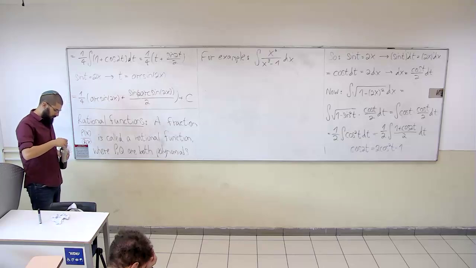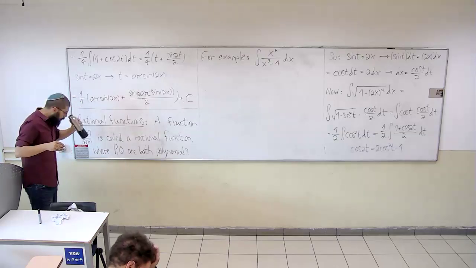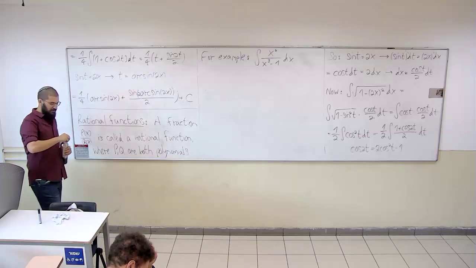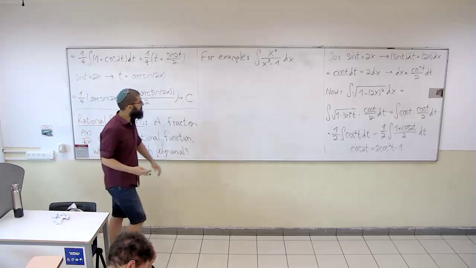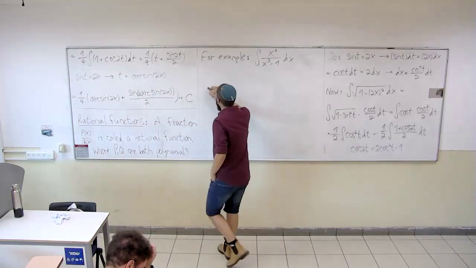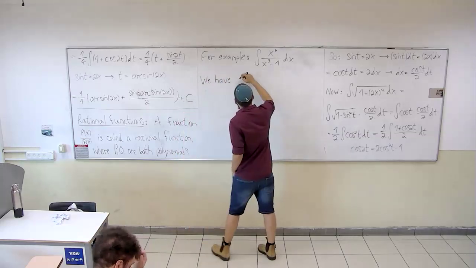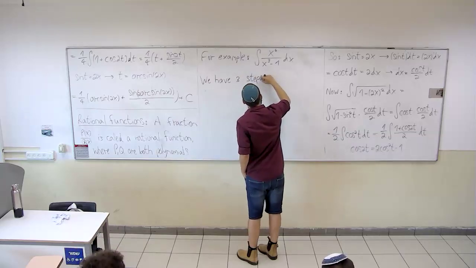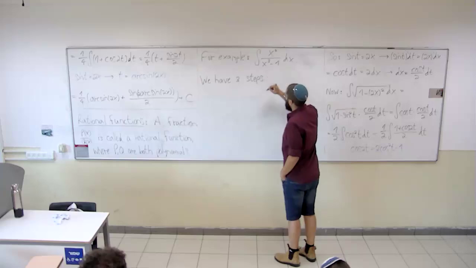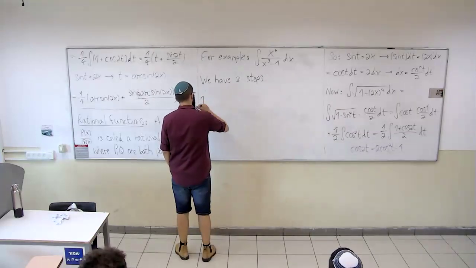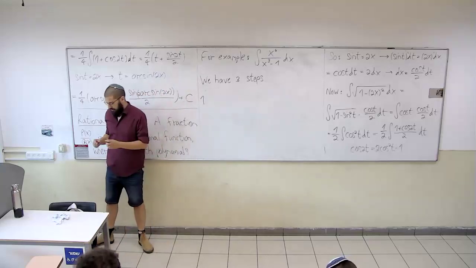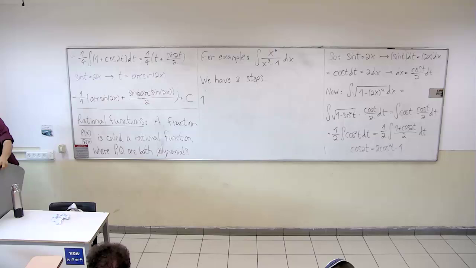So, what are the 3 steps? The process. We have 3 steps in order to calculate the integral. First, we have to lower the degree of the polynomial in the numerator so that it becomes lower than the degree of the denominator.